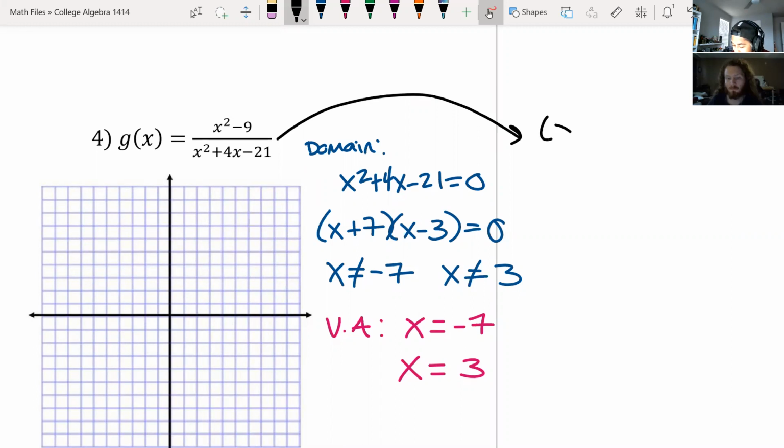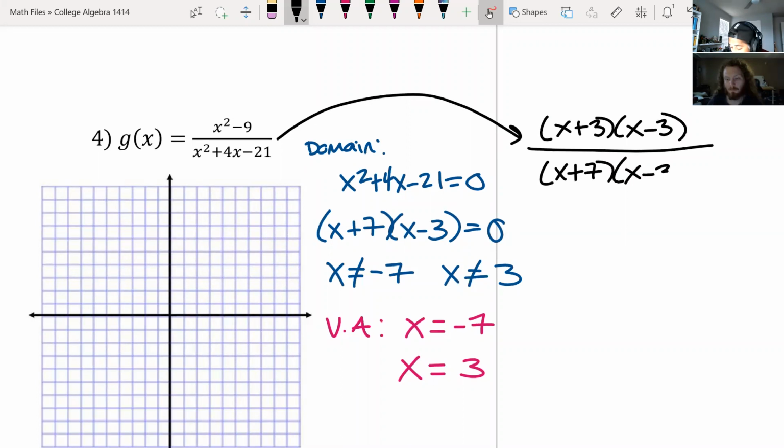There you go. x plus 3, x minus 3 over that factored denominator of x plus 7 times x minus 3. And what happens next? The x minus 3's cancel out. And we get x plus 3 over x plus 7.